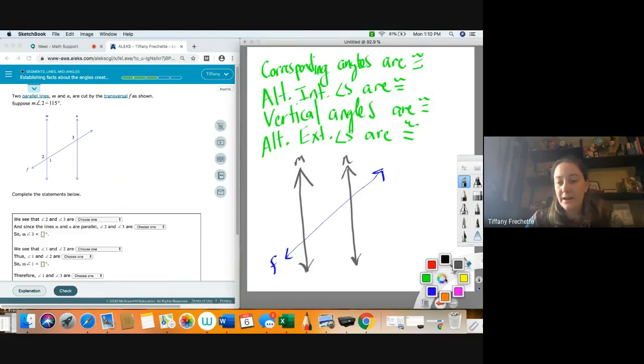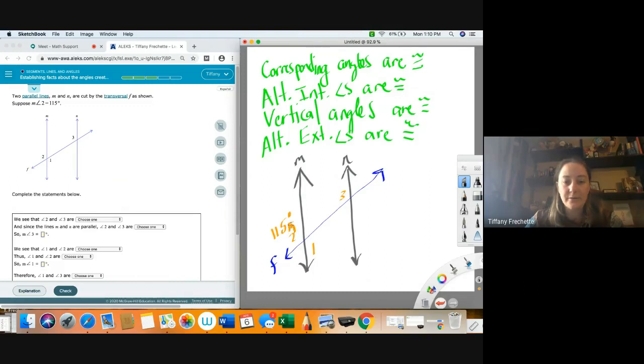All right, so I kind of switched my colors up here, but that's all right, as long as they're different colors. So I have my parallel lines in gray. Here's my transversal in blue, and I have angle 2, 1, 3, and they're also telling us that angle 2 is 115 degrees here.